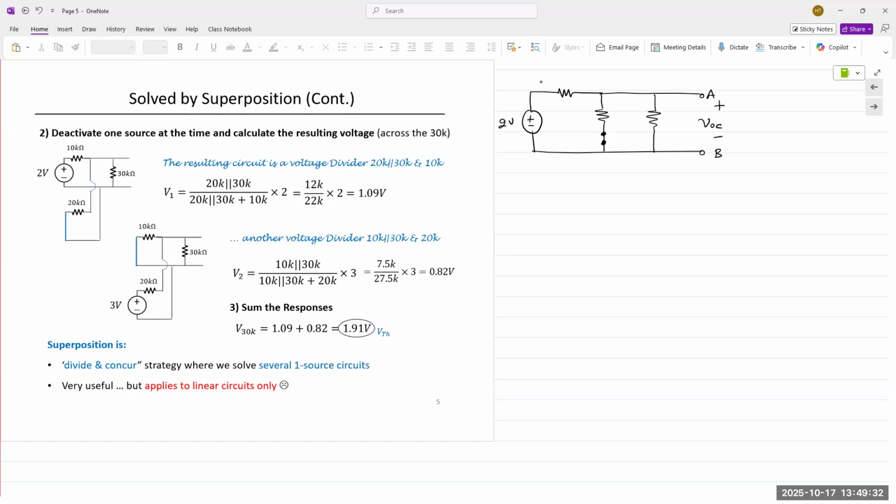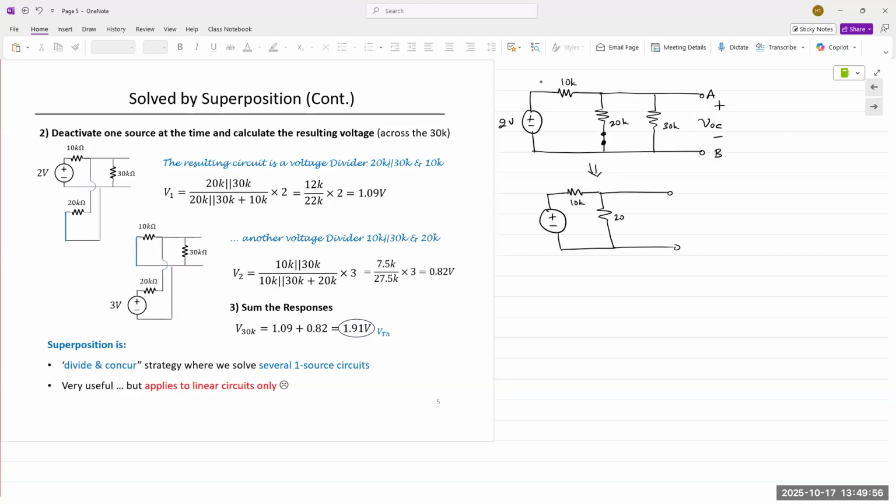And what do we have? We can apply voltage division because this circuit can be reduced. Resistor 1, resistor 2, and A and B. This is 20K, 30K. This is 10K.